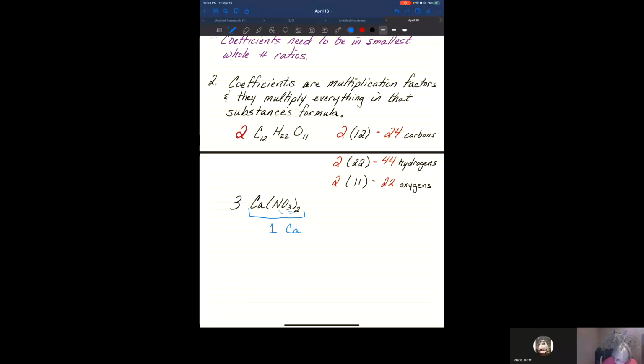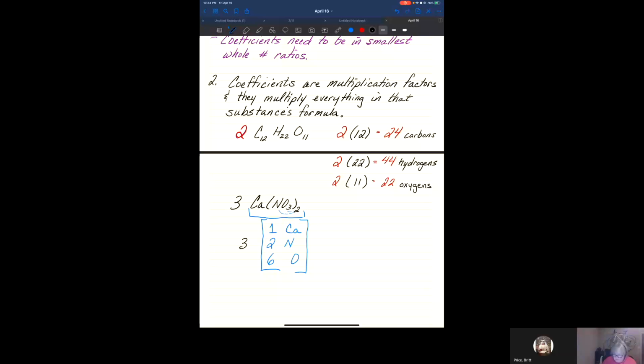So that means there's actually 2 nitrogens and 6 oxygens. And we're going to be multiplying by 3.